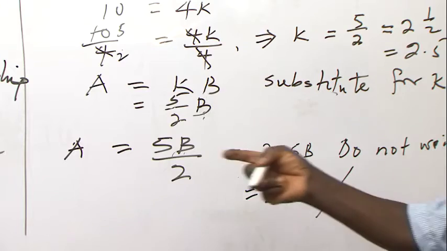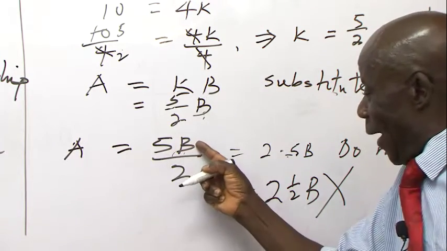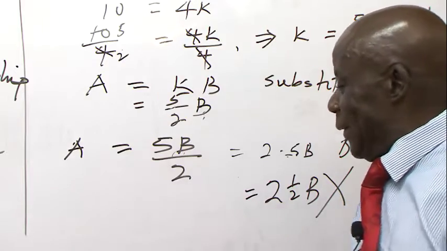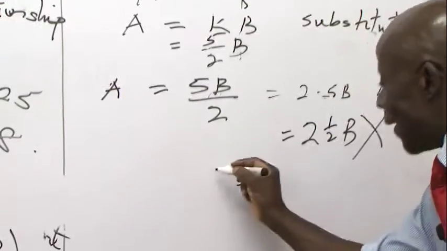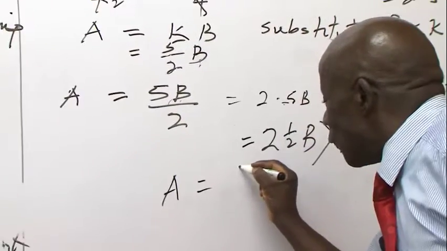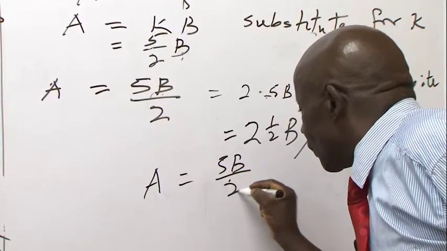Now, that is the value of A and B. If you look up, I said A equals 5B/2.